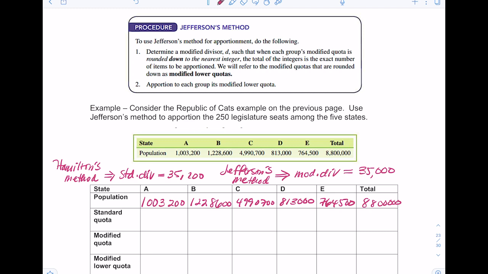Okay, I'm also going to take what you should have gotten for your standard quota when we used Hamilton's method. So remember, what you should have done was taken the population, for instance, right here, 1,003,200, and divided by 35,200. And then these are the values you would have gotten. So this is using Hamilton's method.